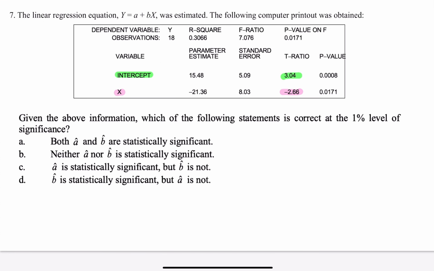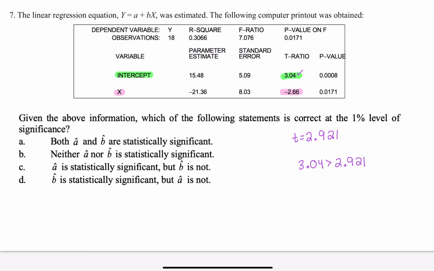Next one says, given the above information, which of the following is correct at the 1% level of significance? We just said that our t value that we're comparing to is 2.921, which means that this in green is statistically significant because 3.04 is greater than that.